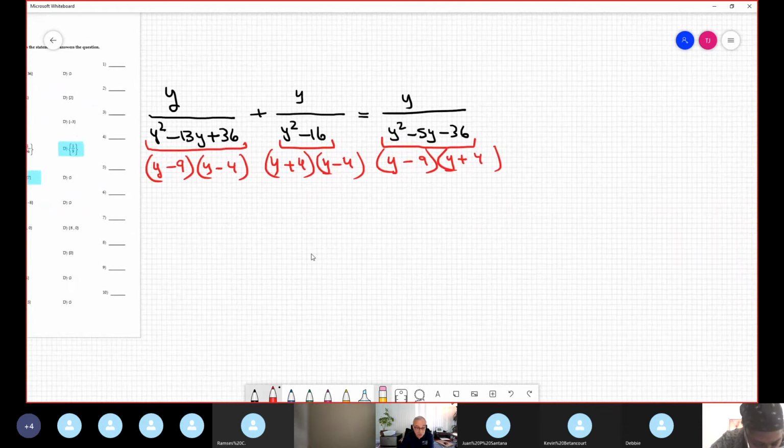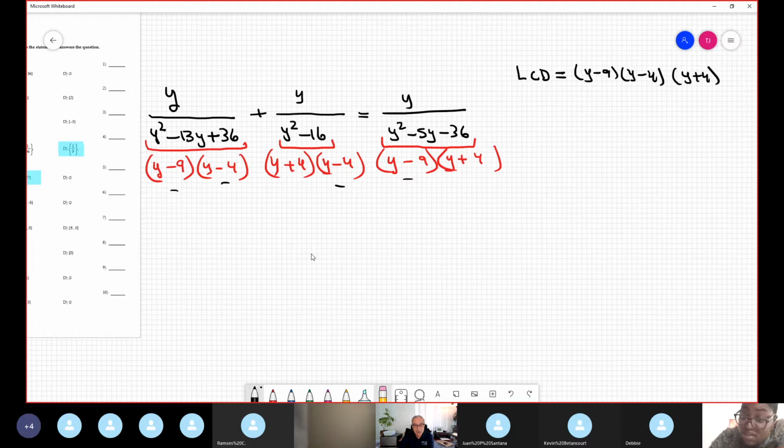When you have this expression completely factored, it's relatively easy to find the LCD. Remember the LCD, I repeat one more time. It's the collection of any factor that I saw in that problem: y minus 9 one time, y minus 4 one time, and y plus 4.